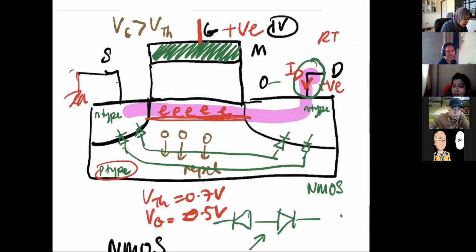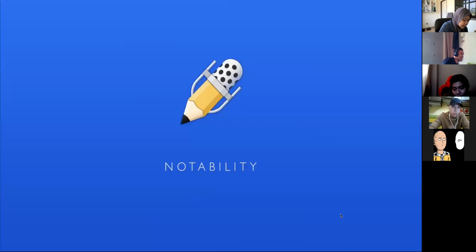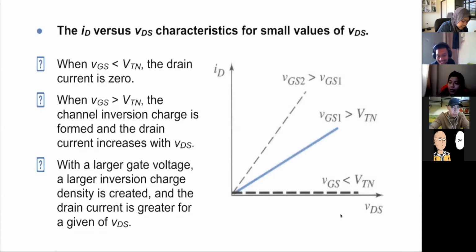So if we look at the graph, the graph of ID versus VDS.